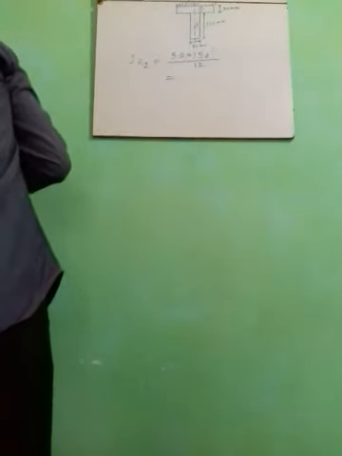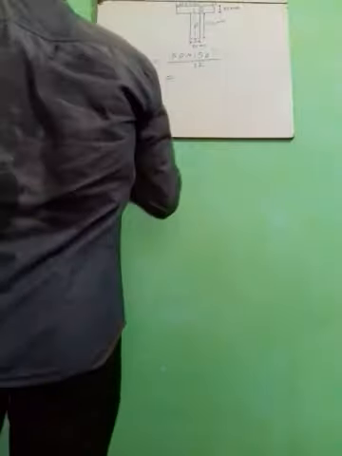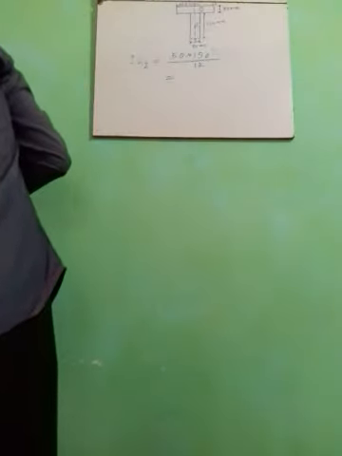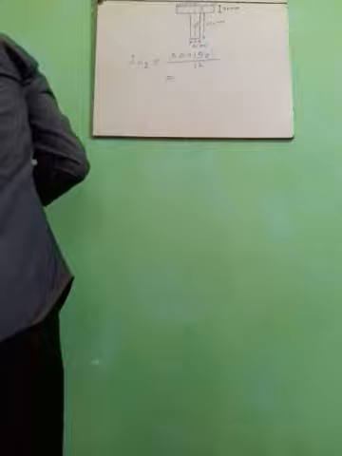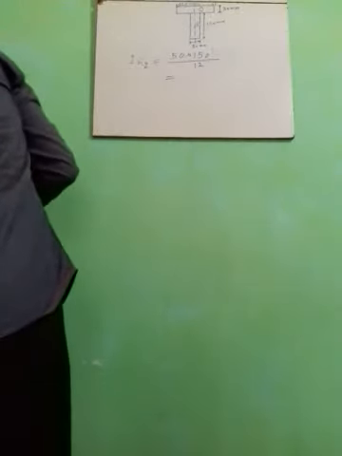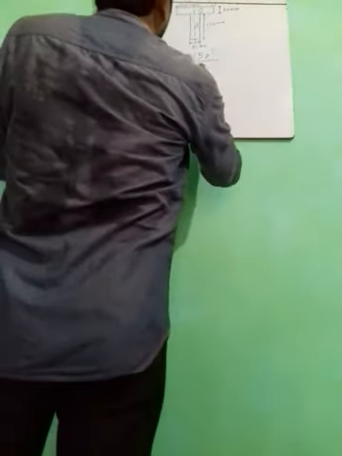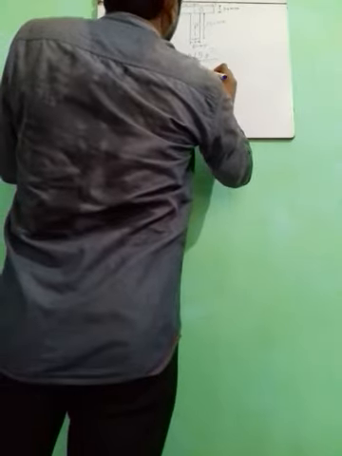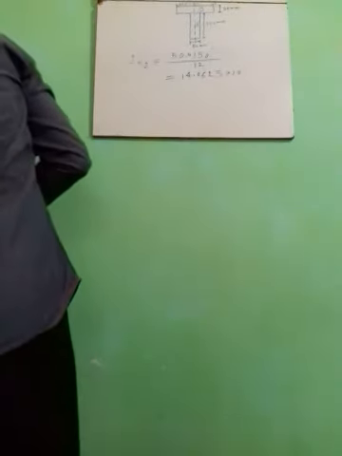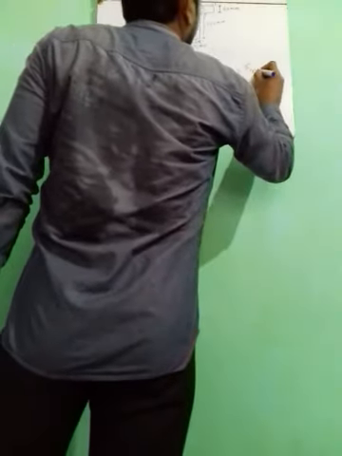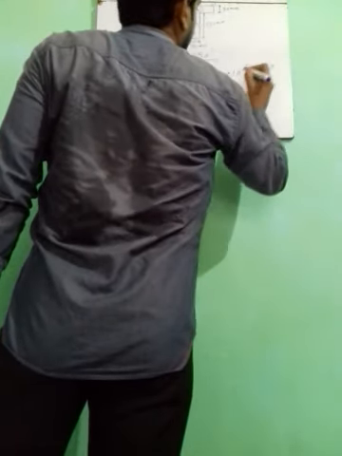Calculating the value, Ig2 is 14.0625 into 10 to the power 6 mm to the power 4.